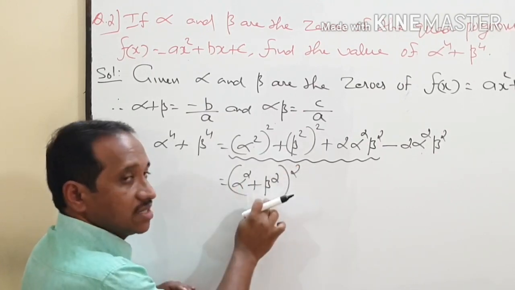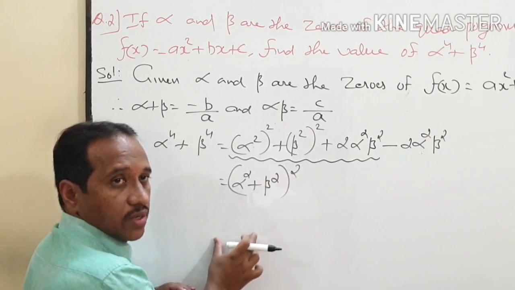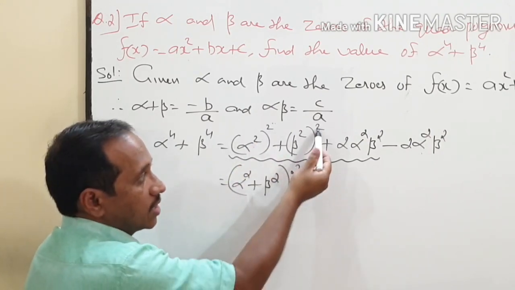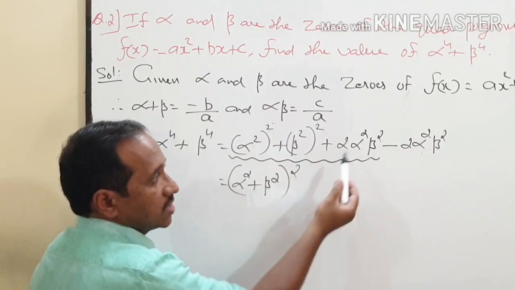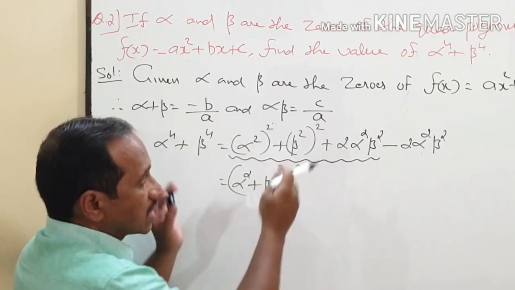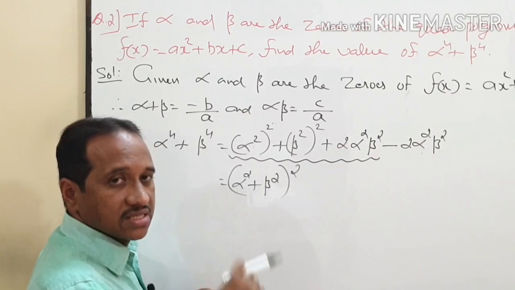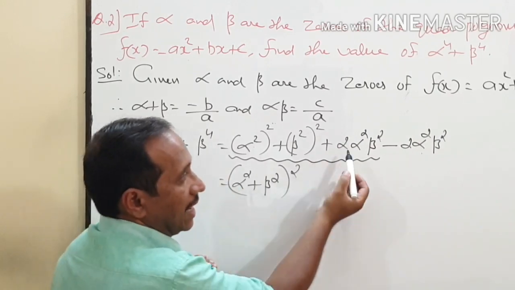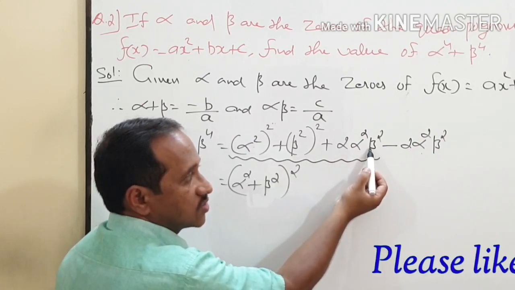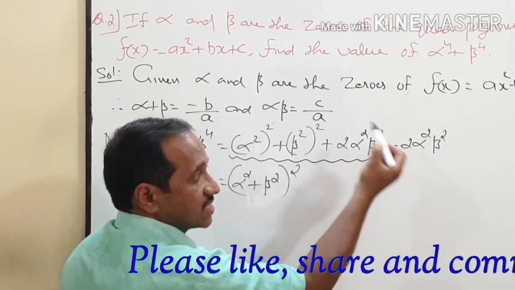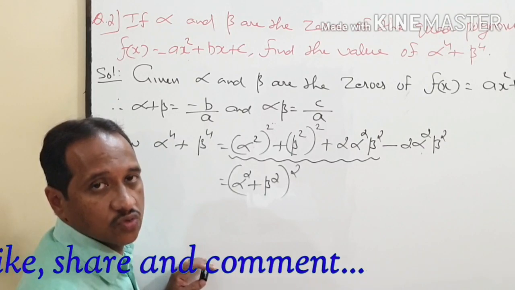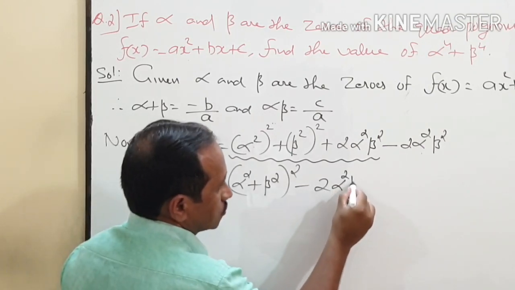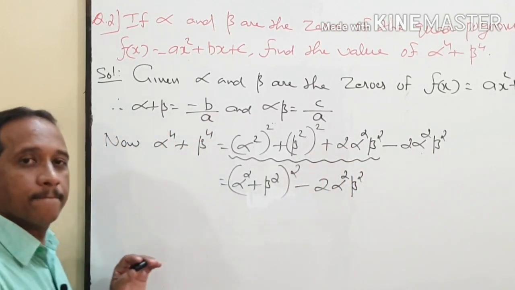If you use the identity a plus b the whole square, you will get alpha square the whole square plus beta square the whole square plus 2 alpha square beta square. So to complete this expression as a perfect square, that is a plus b the whole square, I added here 2 alpha square beta square, and to balance I subtracted 2 alpha square beta square.